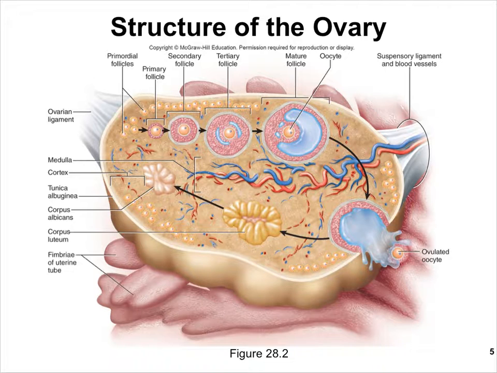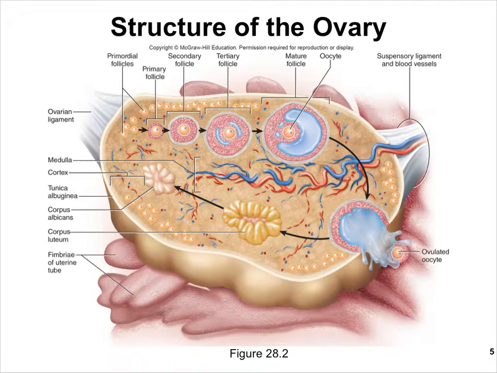The medulla primarily contains vascular tissue that is going to be highly vascularized, have lots of nutrients and blood and everything like that that comes into it. The cortex is where most of the action actually takes place. And it's where most of these primordial follicles are located.